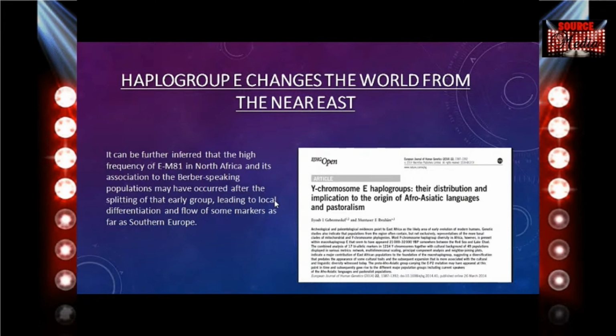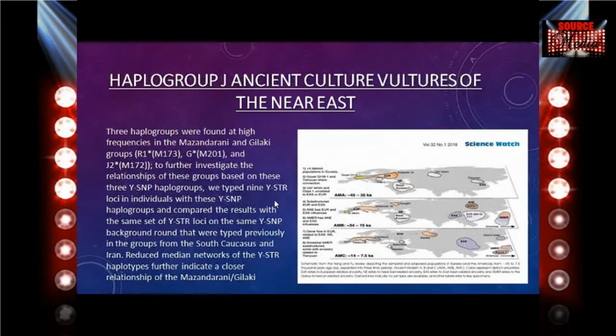And this right here came from Y chromosome E haplogroups, their distribution and implication to the origin of Afro-Asiatic languages and pastoralism, Kevin G. And this right here is also by our boy Mutazar Ibrahim, who does great work in this field. And this was published in the European Journal of Human Genetics in 2014, volume 22, baby. They're exposing themselves right now.